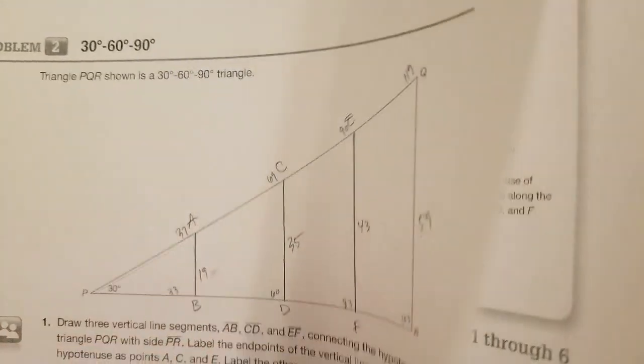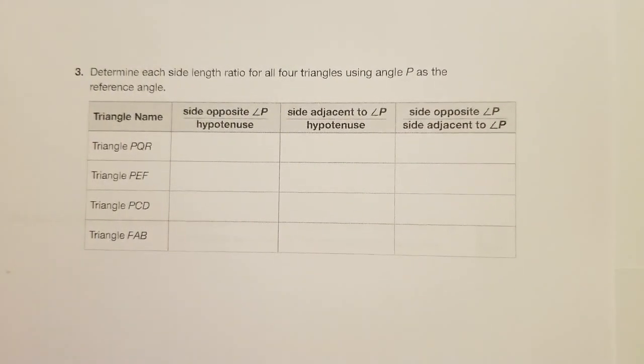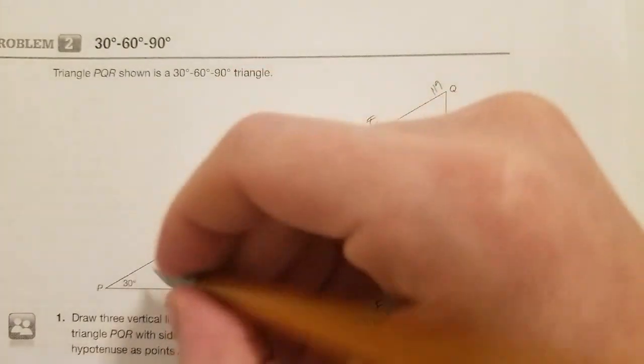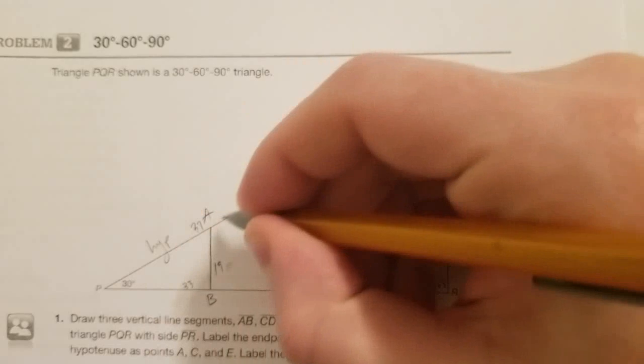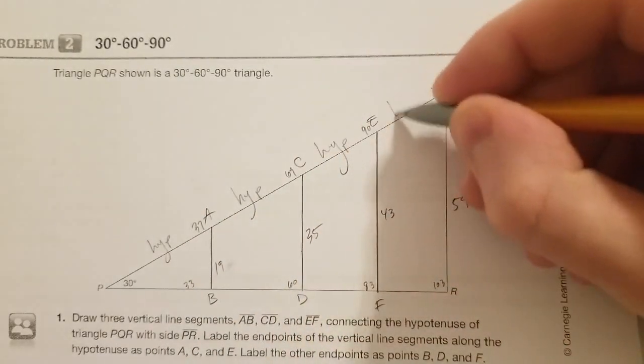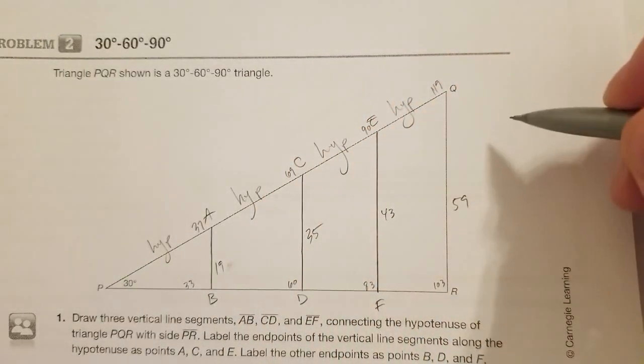So now I'm going to start filling in my table. Oh, and I'm going to go ahead and start labeling these too. So we know that all of these are the hypotenuses, right? And then all of these are the sides opposite, right?